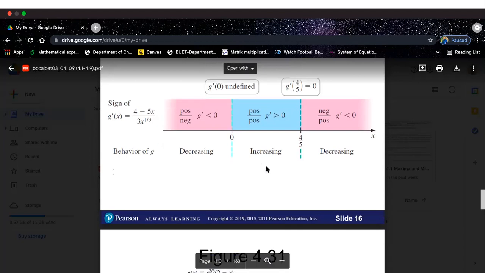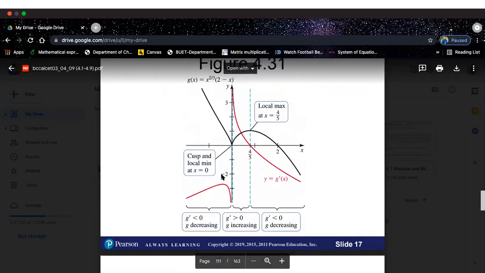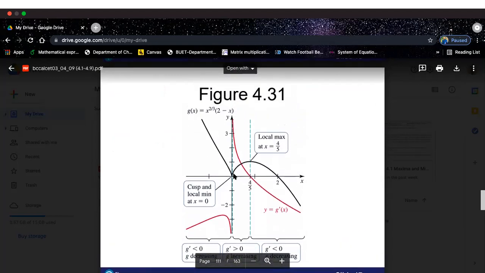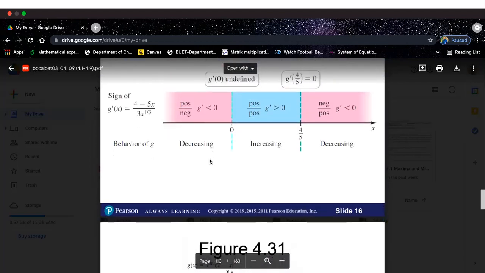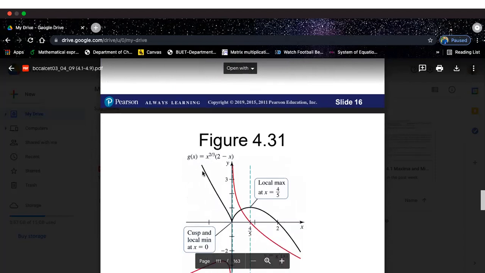Although it's decreasing and increasing, since it's undefined, we'll have a case like this, a corner point, right? Do you agree? The black one, is this the graph for this one? I hope so. Yeah, it's the graph for this one.